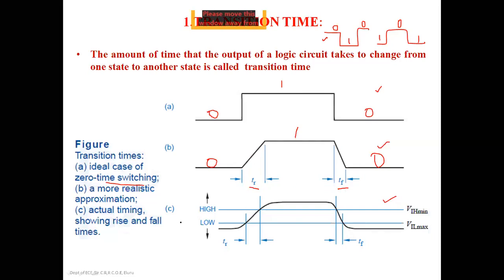If you see the third figure, figure B and figure C look similar. But in figure C, at the beginning of the transition and at the ending of the transition, you have a smooth transition, whereas in figure B, it doesn't have the smooth transition at the beginning and ending.